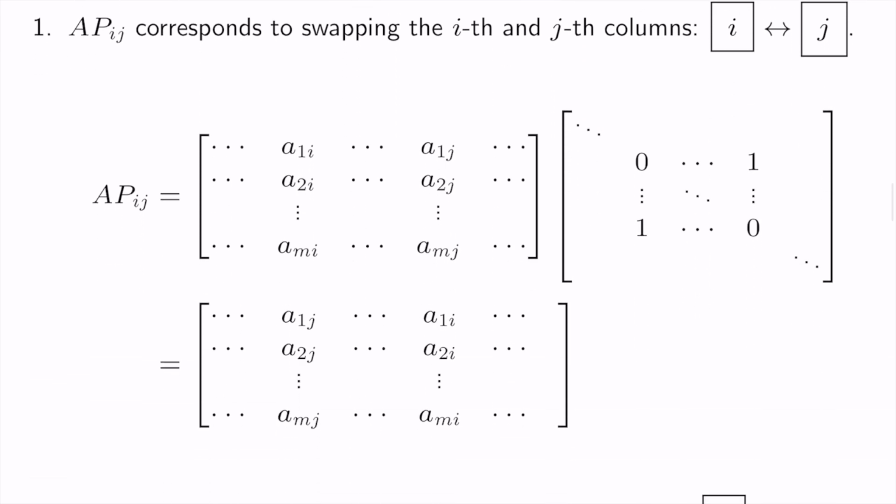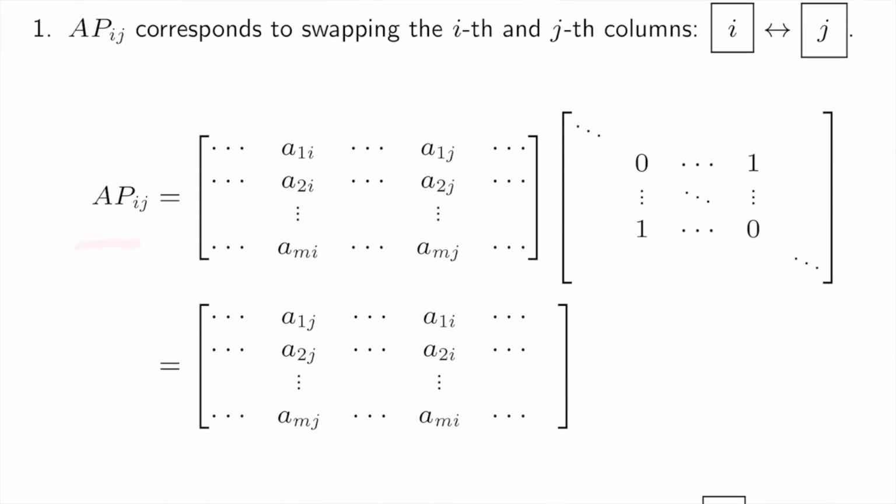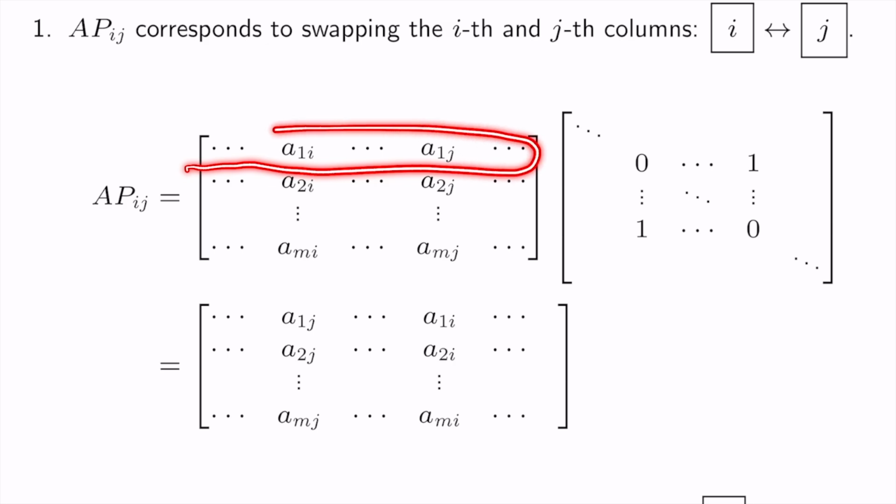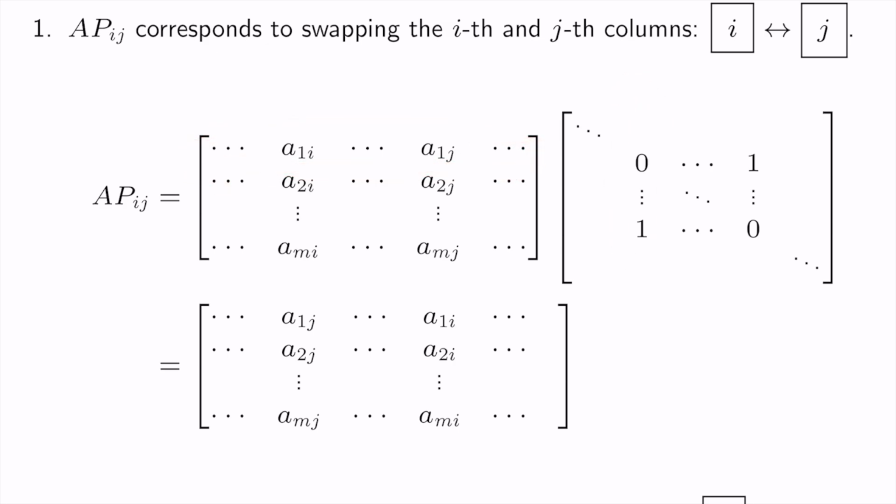So let's see this. So we have this, and this is matrix A, and this is the matrix Pij. This is the ith column, and this is the jth column. And this is ji element, and this is ij element of matrix Pij. So first consider this row and the ith column of this matrix. So if we do this multiplication, we get A1j.